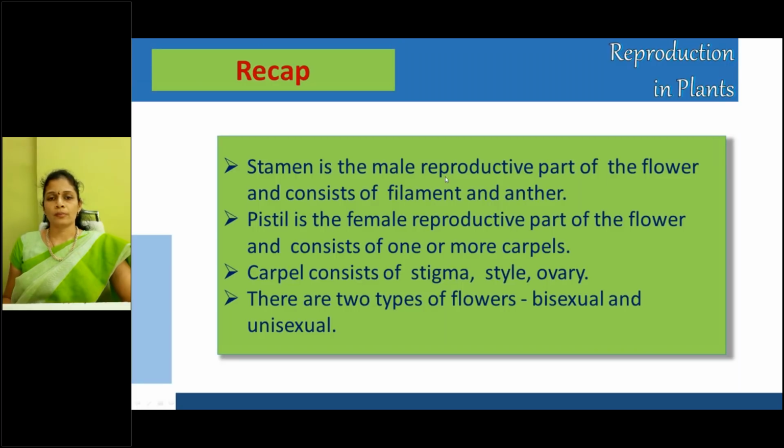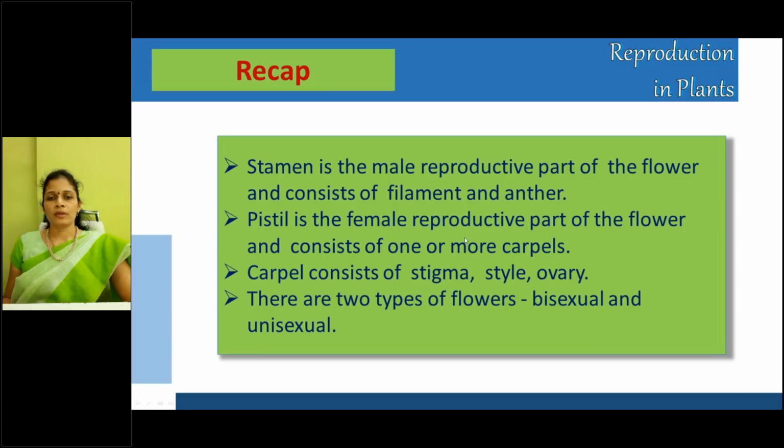Stamen is the male reproductive part of the flower and consists of filament and anther. Stamen is also called androecium.